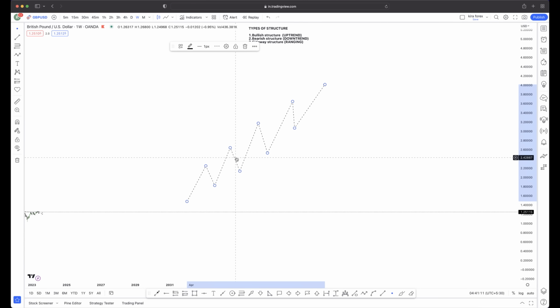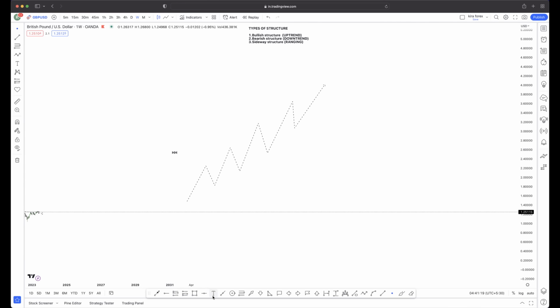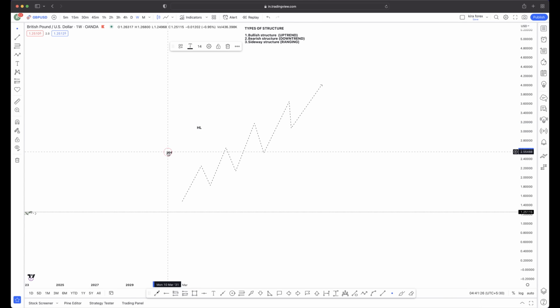Now let me type the letters in for you to understand it clearly. Like I said, market structure is the king. Before you do your analysis, the first thing you have to look out for is what the structure is telling you.